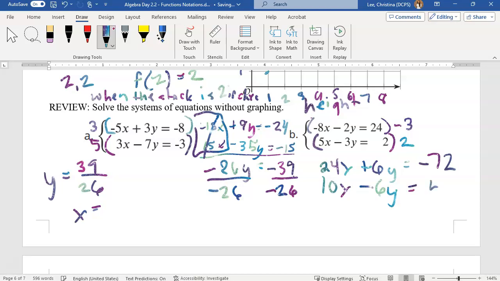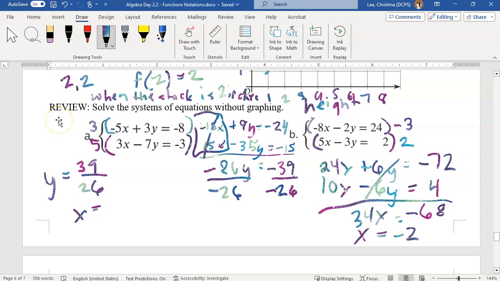And 2 times 2 is 4. All right, now I can eliminate my y's. I will get 34x equals negative 72 plus 4, which is negative 68. So in this case, you will get a nice even number: x equals negative 2. Now you can go back and plug that in.